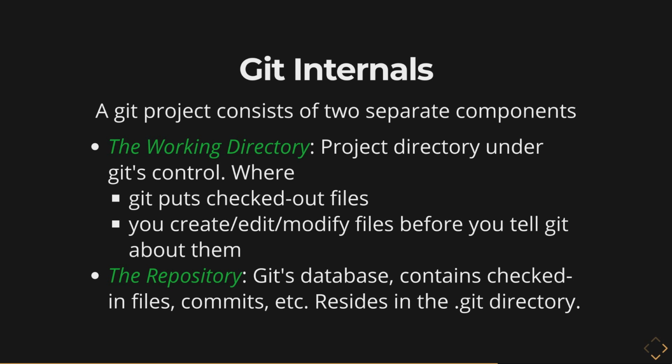And as you might remember from lecture number 1, we said that a repository is a file database that the version control system uses to keep tabs on all the files in your project and all the different things that have happened to your files. So the repository is like the main database of Git. And as you might remember, in a centralized version control system, you don't have a repository on your local computer.